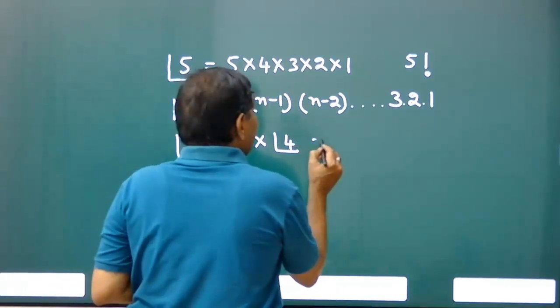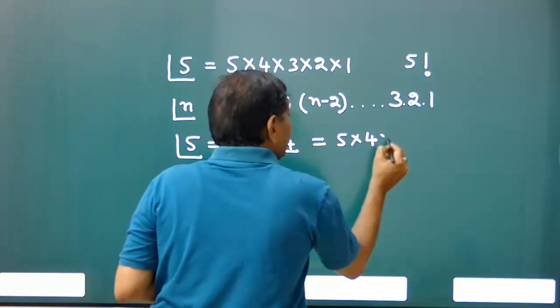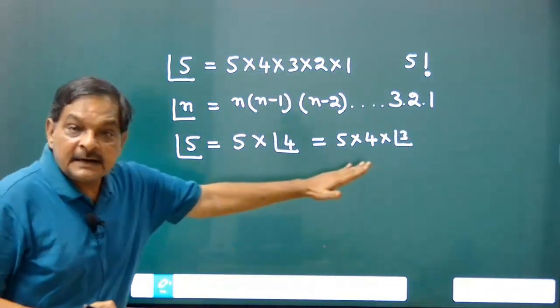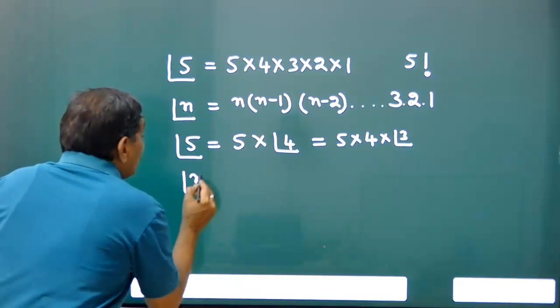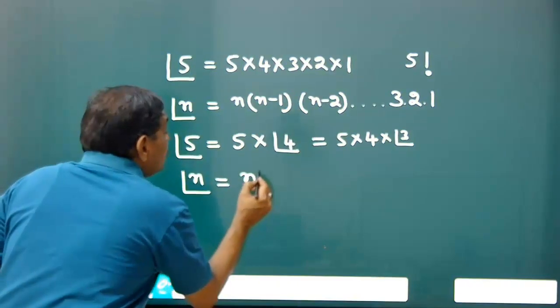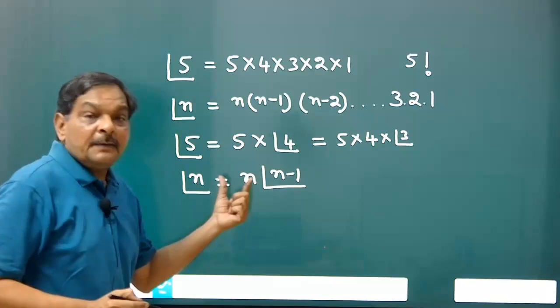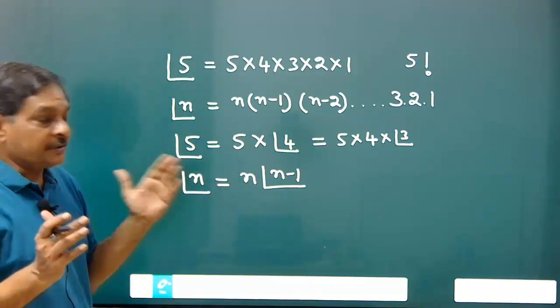We can also write it as 5 into 4 into factorial 3. I hope that this is understood. In the same way, I can write factorial n as n into factorial n minus 1, because this is used when we solve the questions.